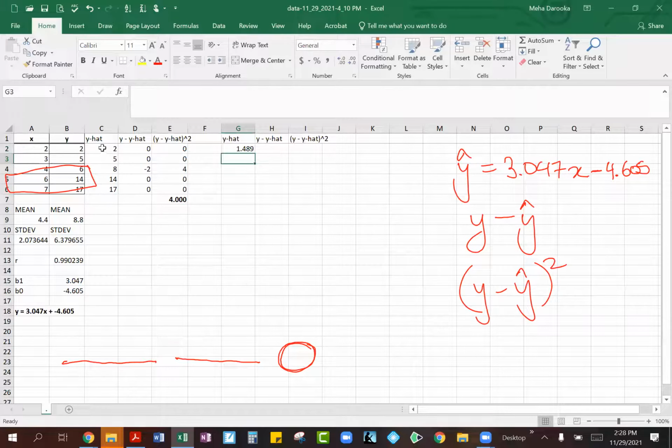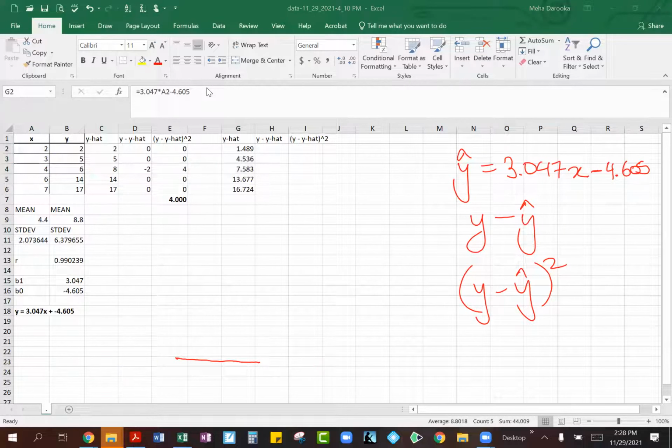So literally, where you had 3 times the cell minus 4, you're now changing it with 3.047 times the x value minus the 4.605. And you will see, compared to these numbers, these numbers will be a little bit different because our calculation has changed. So again, take your mouse to the corner of that cell, drag it till you get to all the numbers over here. Let's get rid of these extra lines for now.